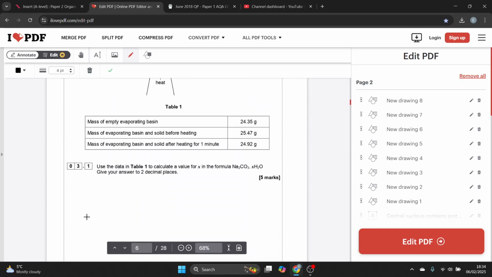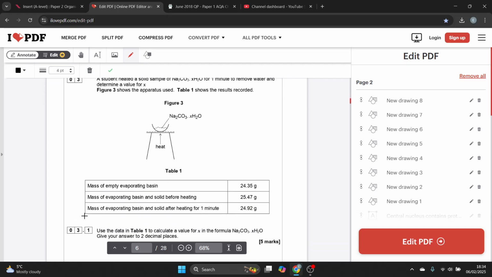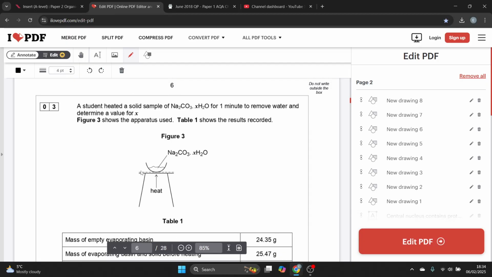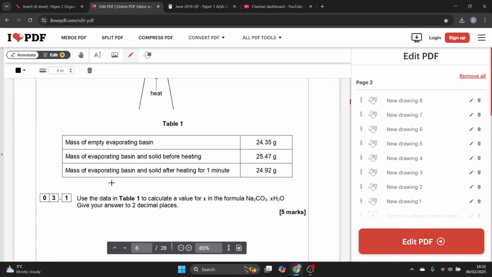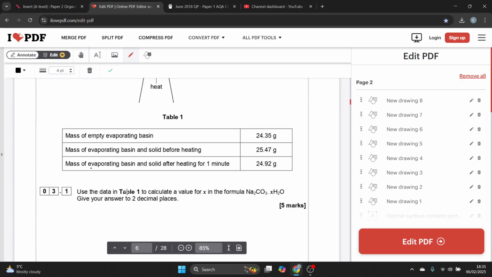Question 3. Use the data in table 1 to calculate the value for X and the formula of that. So, I know a student heated a solid sample of this for 1 minute to remove water and determine a value for X. Figure 3 shows the apparatus used. Table 1 shows the results recorded: mass of empty evaporating basin, mass of evaporating basin and solid before heating, mass of evaporating basin and solid after heating for 1 minute.